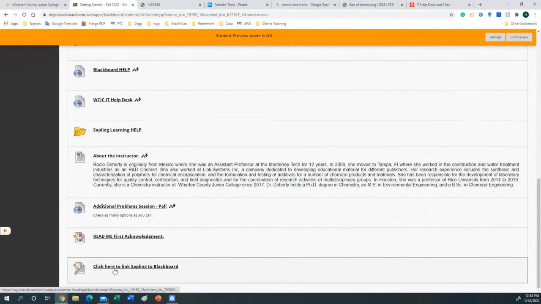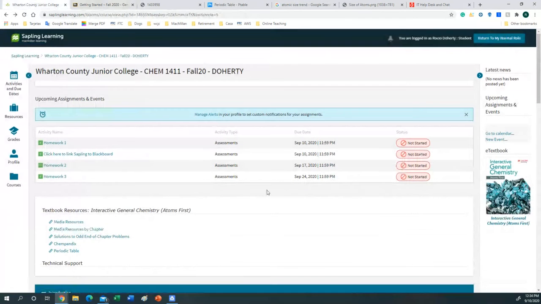And this is just some calculations that you will do on your calculator. It's not going to give you points or anything. It's not mandatory. If you want to complete it, fine. If you don't want to complete it, fine. I don't mind. It's just so you have your Sapling linked to Blackboard.